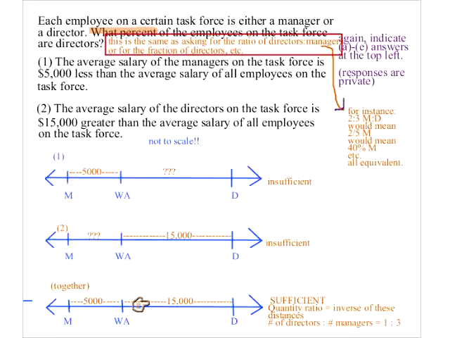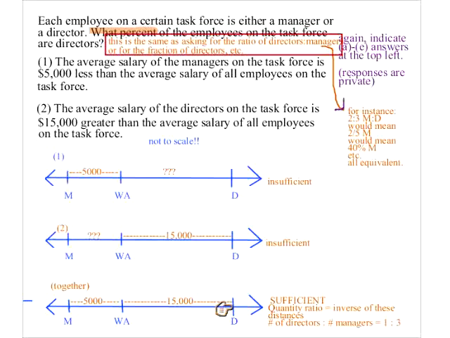If you think intuitively about the situation, you've got this situation going on here. Yes, you can pay them whatever you want independently of how many there are. But the fact that the weighted average is precisely this close to managers versus directors is why you've got to have a certain number of people.